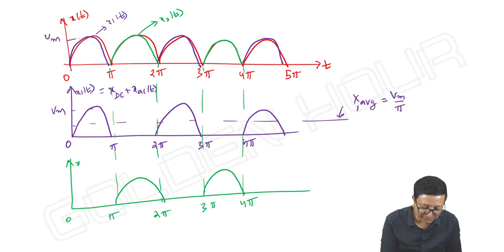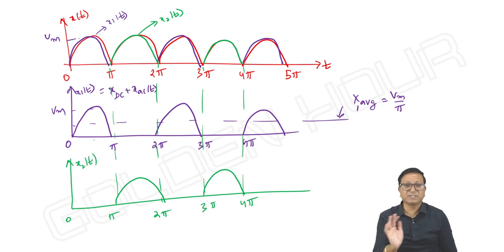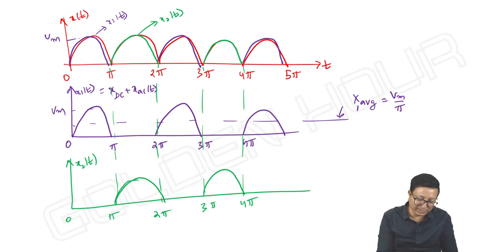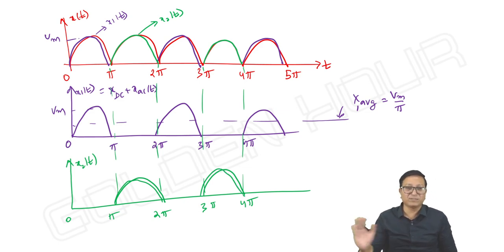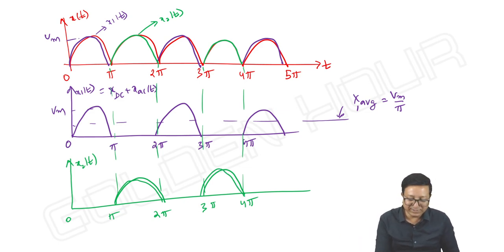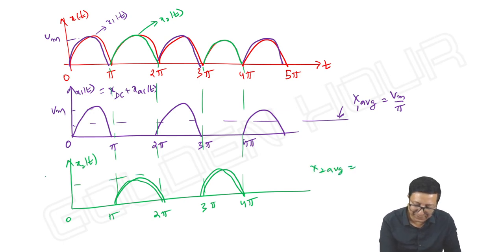This is x2 of t. Both are looking similar with a delayed version. x2 of t is a delayed version of x1 of t. What is its average amplitude? Period is not changing and shape is also not changing. Only thing is a delayed version. Then what is its average value? X2 average, again the peak amplitude by pi.